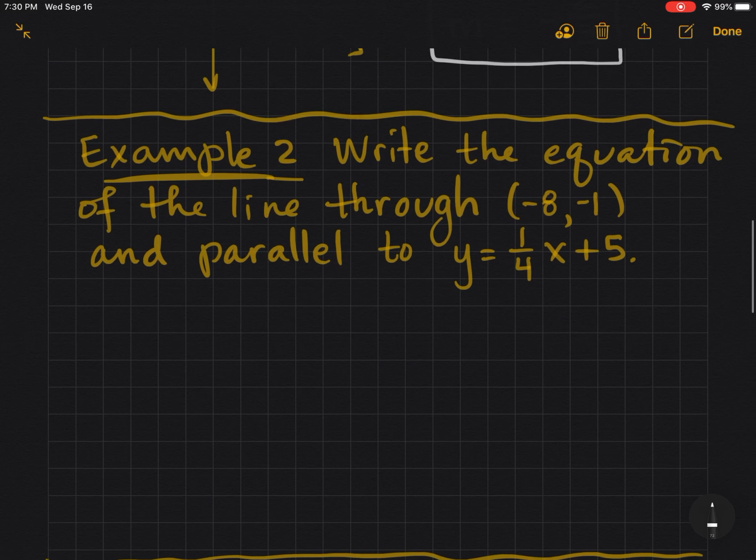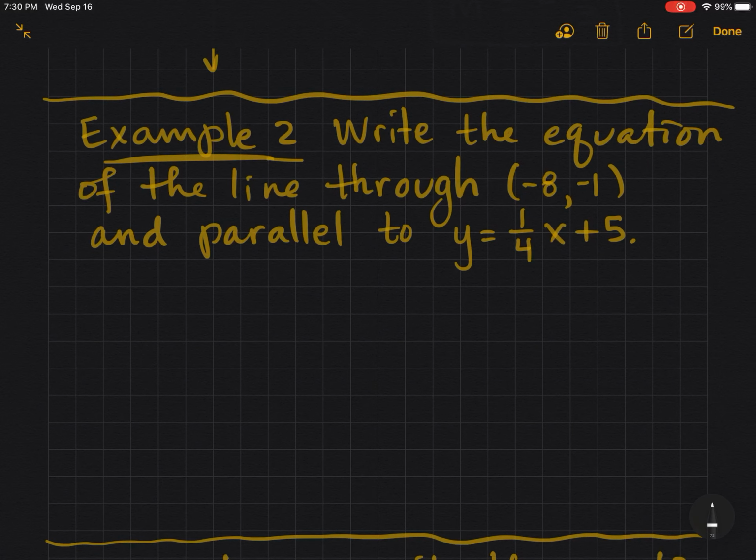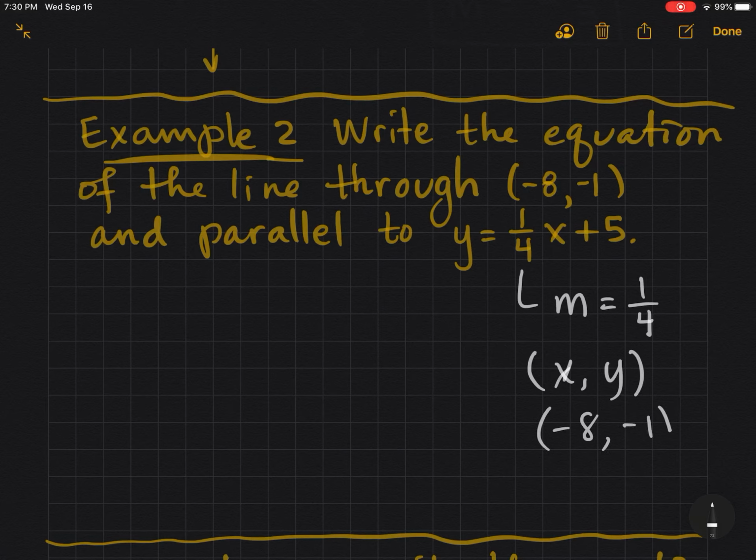Okay, example 2. Let's write the equation of the line through the point -8, -1, and parallel to this line. So the first thing I like to do is say if it's parallel, then it has the same slope, and I also have an x and y, so that's going to make this very easy, -8, -1.